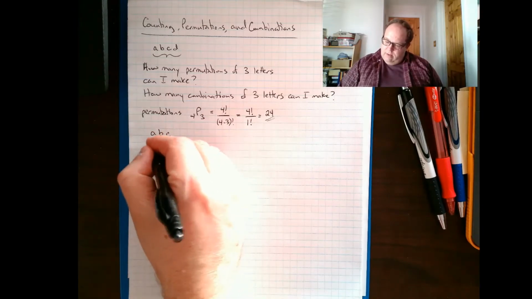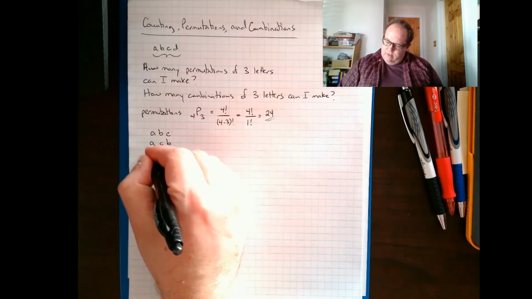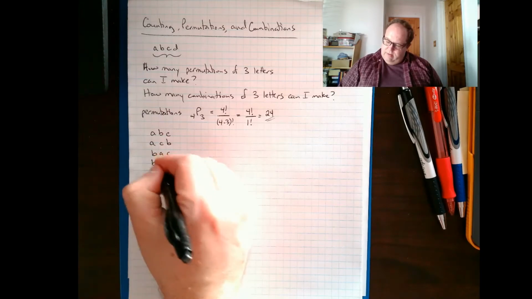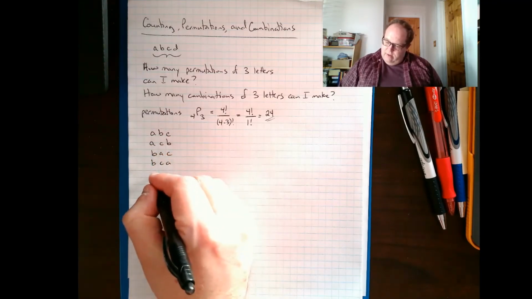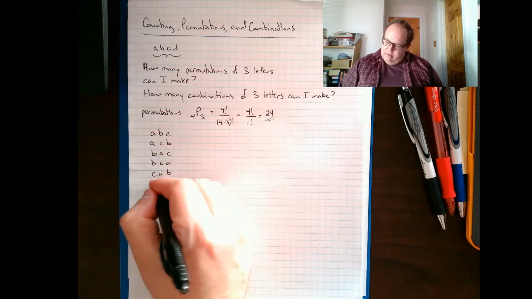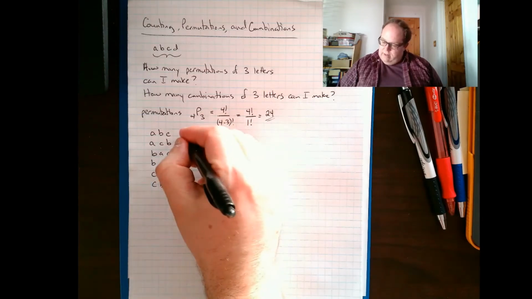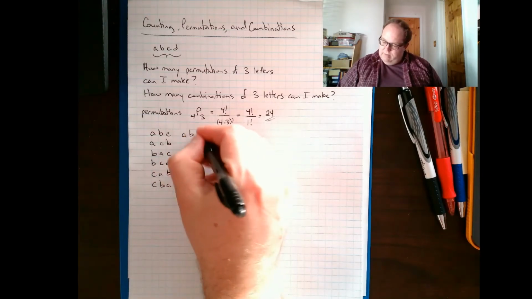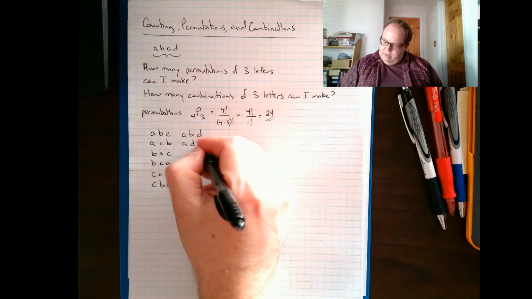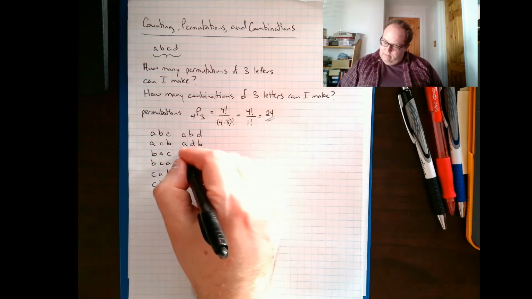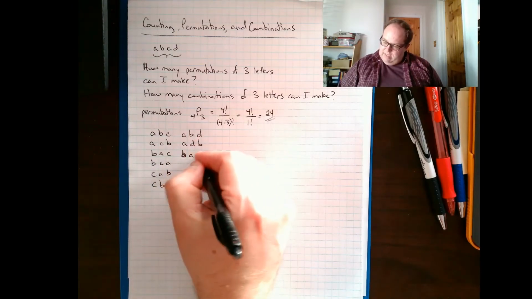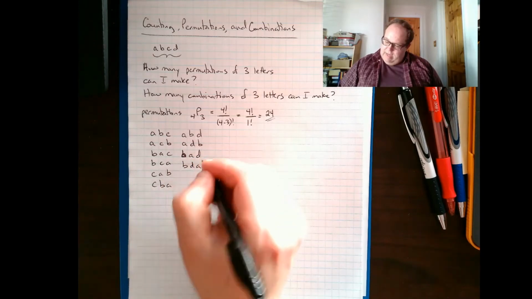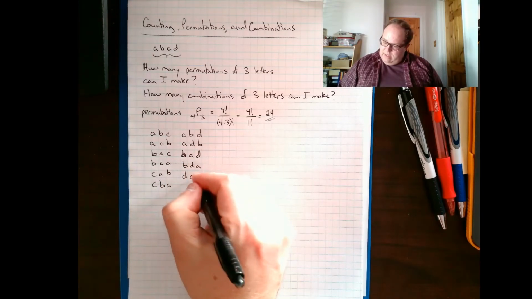So I could have ABC, ACB, BAC, BCA, and then CAB, CBA. I could have ABD, ADB, BAD, BDA, DAB, DBA.